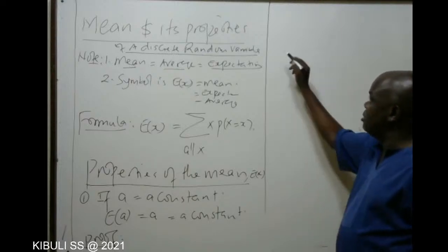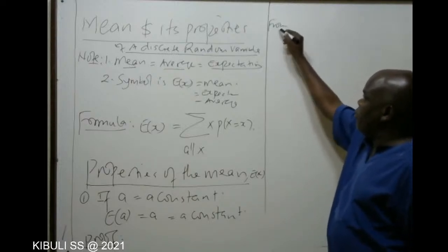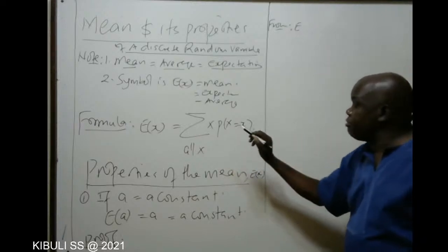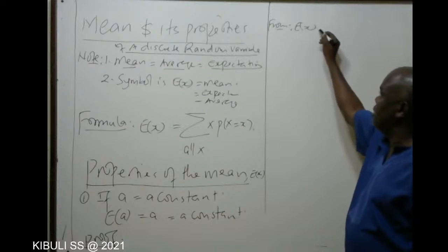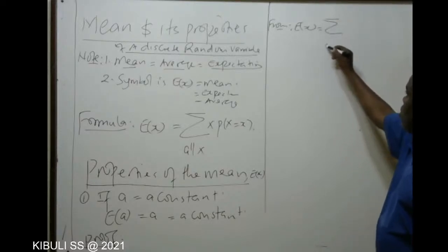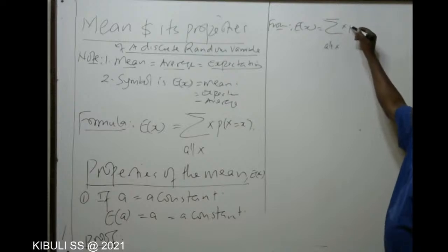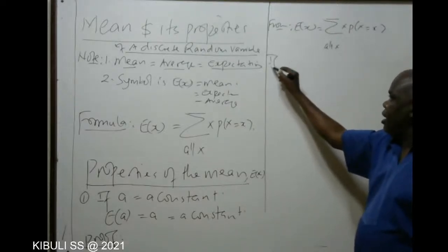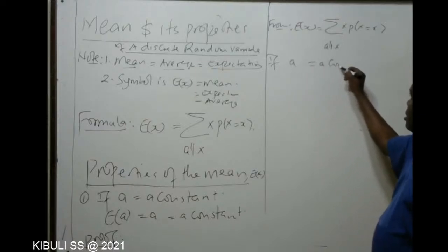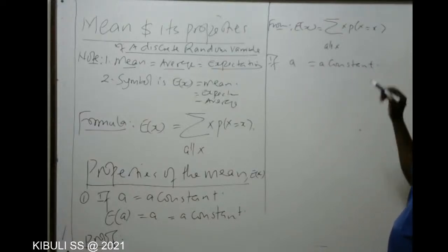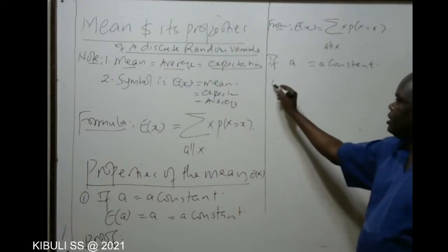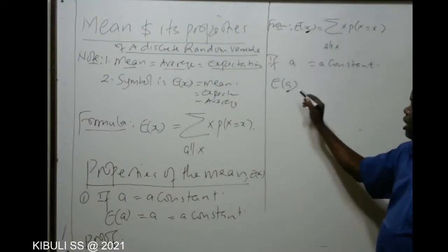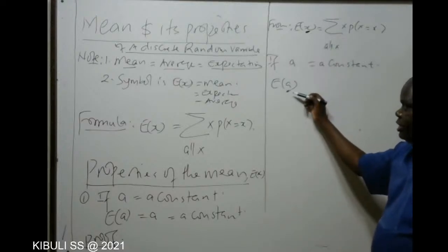The proof is, we begin from the expectation, from this formula here, from expectation of X being equal to the sum of all X, probability of X is equal to X. If A is equal to a constant, that means expectation of a constant, you will substitute where you get X here, you put your A. Because now we're looking for expectation of a constant.